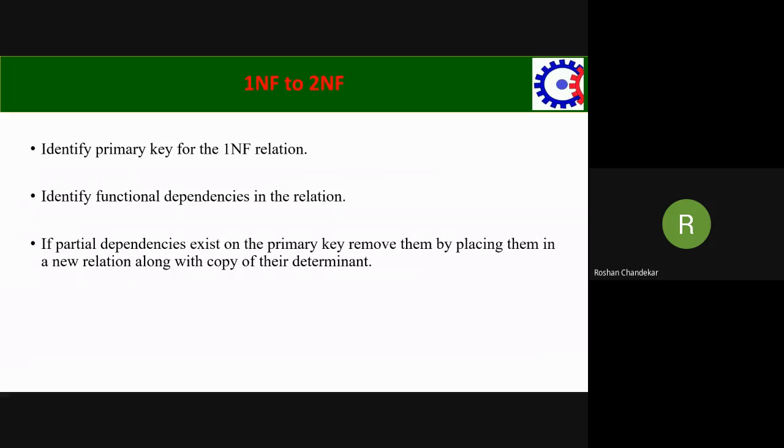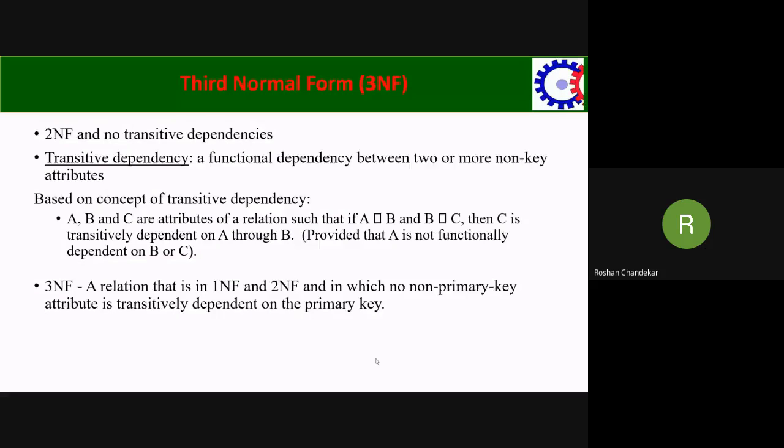What we are discussing is that in this primary key, a partial dependency exists. Then we have to remove it by placing them into a new relation. That is why we create a new relation here in this activity.